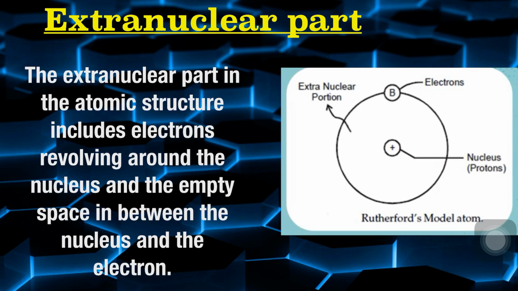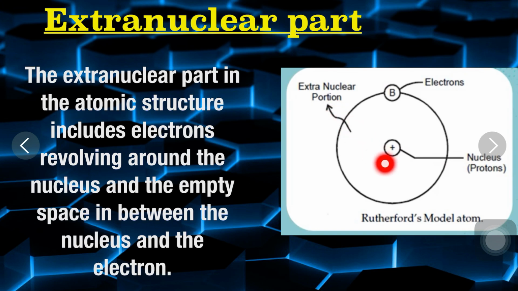Let us see about the extranuclear part. Student, the extranuclear part in the atomic structure includes electrons revolving around the nucleus and the empty space in between the nucleus and the electrons.